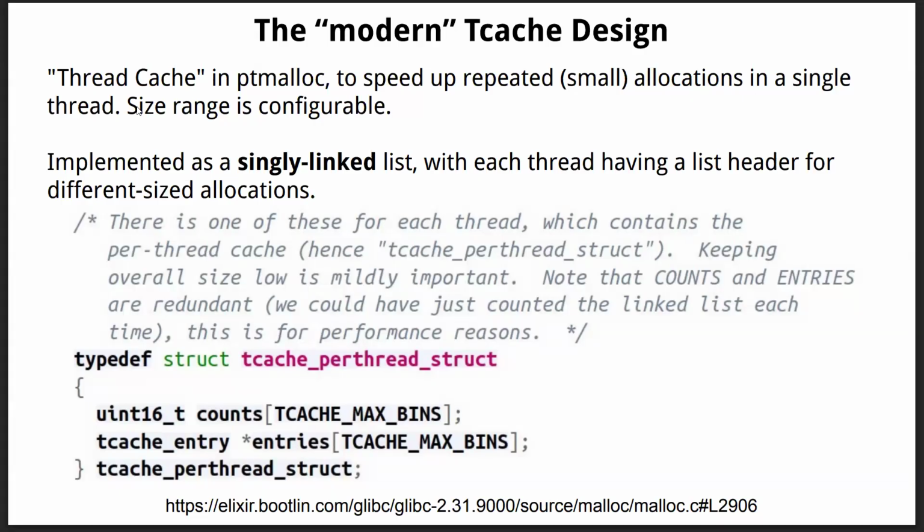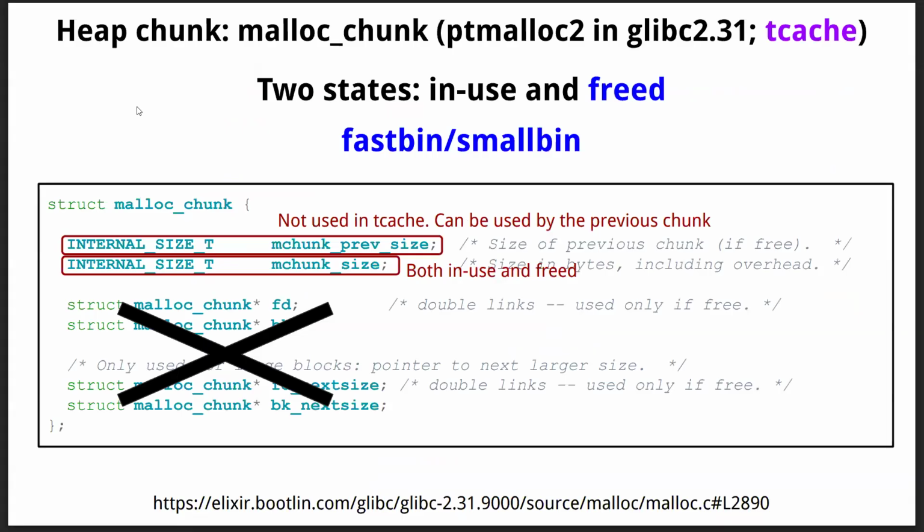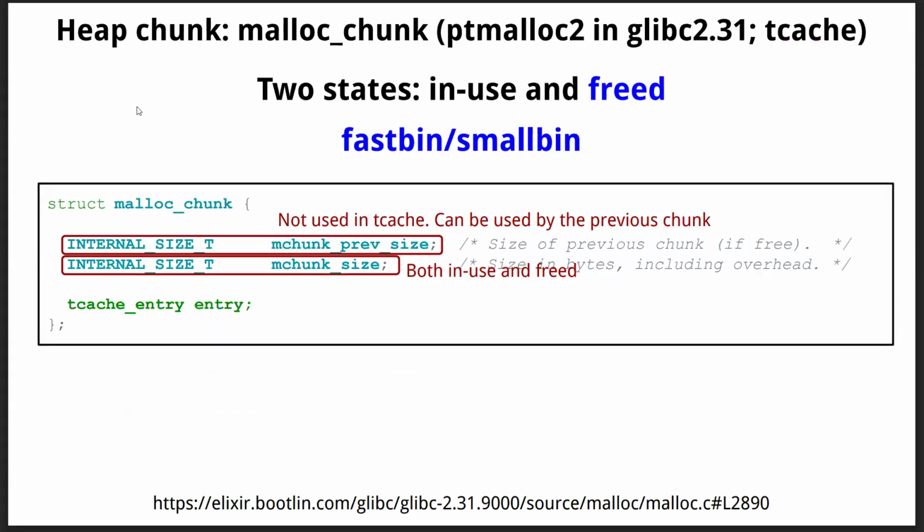Remember this thing, tcache_entry. In the previous design, we keep those two fields, prev_size and size. We keep prev_size, but we don't really use it. Size is very important; we use that. Then we do not have those structures that we used before when the chunk is free. All of these are replaced with just one tcache entry. That's it. That's just a pointer.